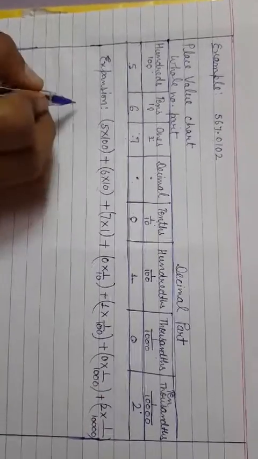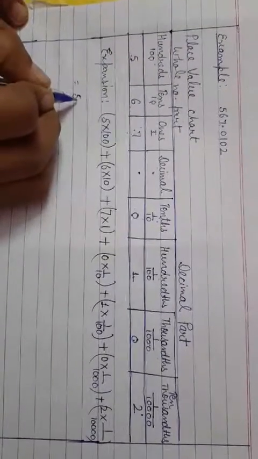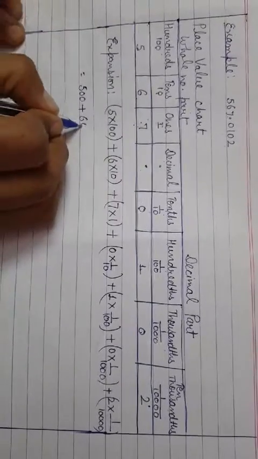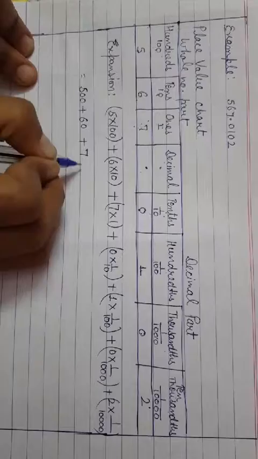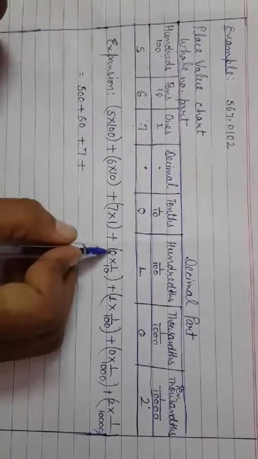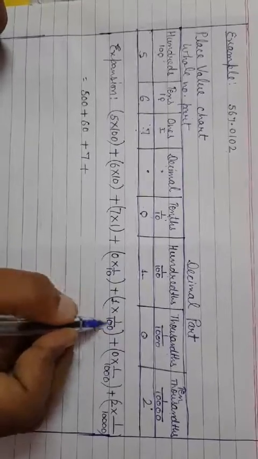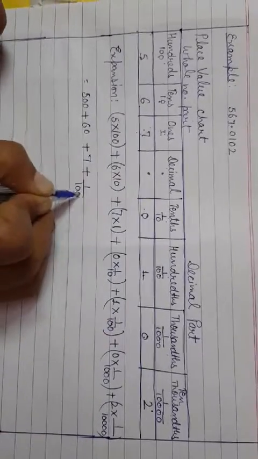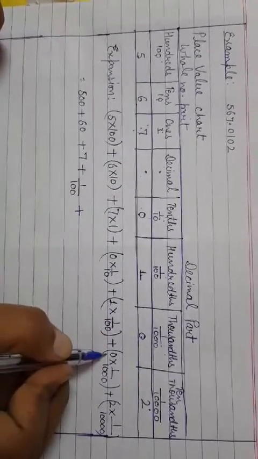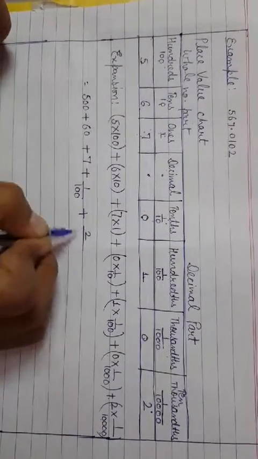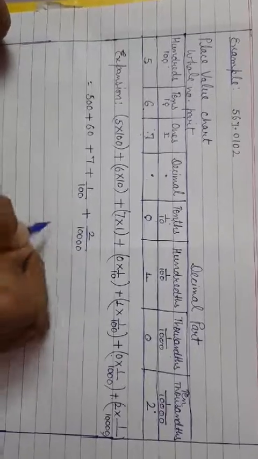Okay. So what will it be? 500 plus 60 plus 7 plus, if I multiply 0 with any number it will be 0, so no need to write this. 1 into 1 upon 100 will be simply 1 upon 100, plus it is again 0, plus 2 into 1 upon 10,000 will be 2 upon 10,000.